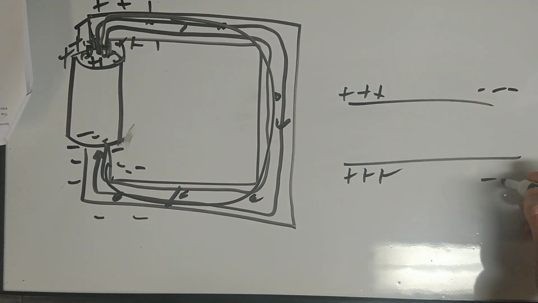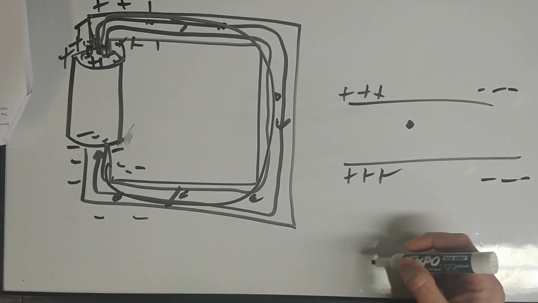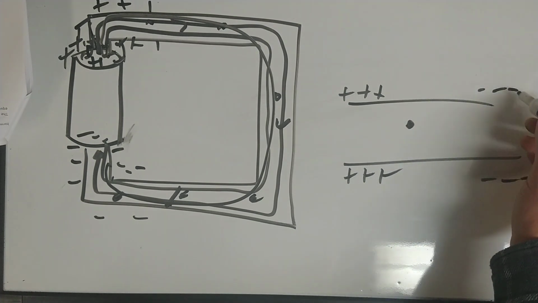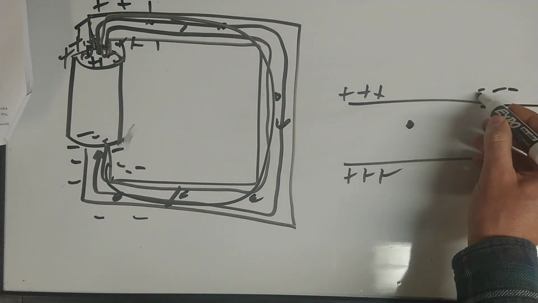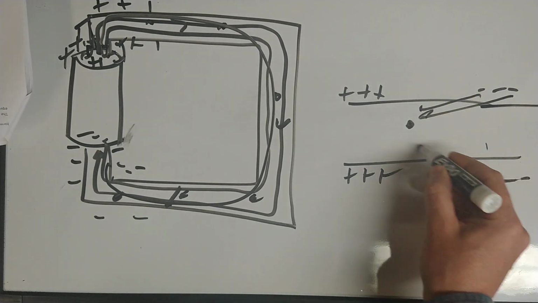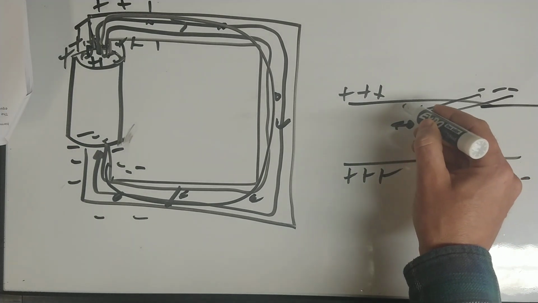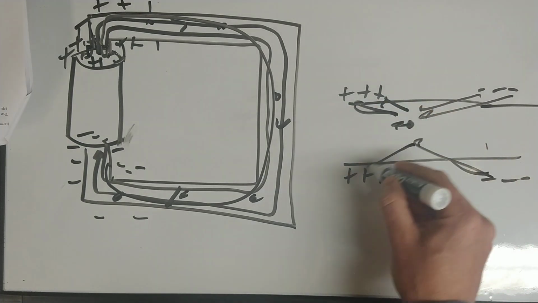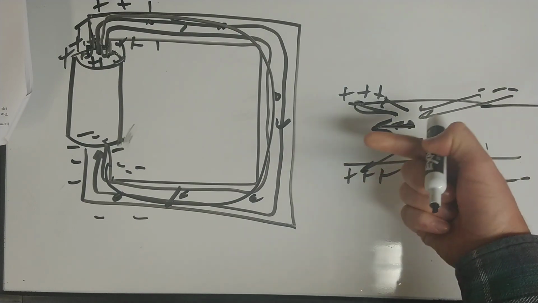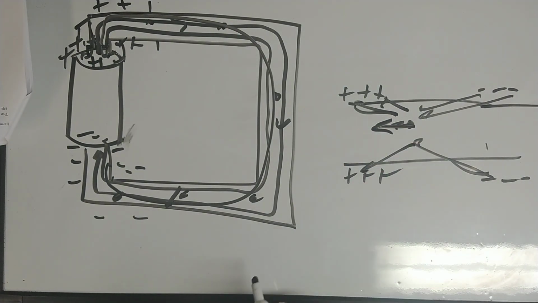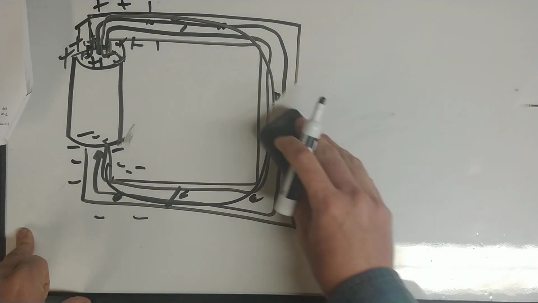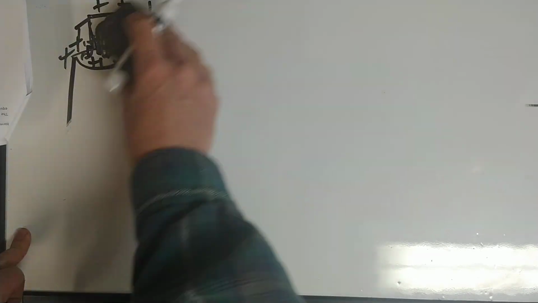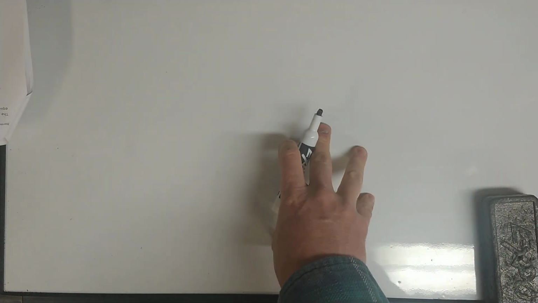Negative charge was on this side of the wire, and I'm an electron in the middle. Well, the electron in the middle is going to get repelled from these charges up here, pushed away from these ones, and drawn towards these ones, so it's going to move that way. All right. So what the battery does is it applies electric forces to the electrons in the wire, causing current flow.